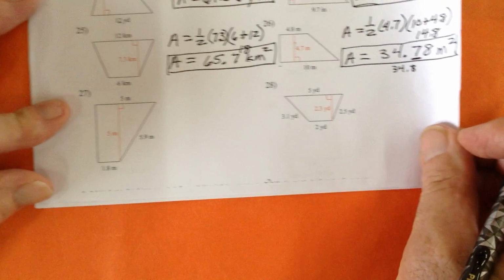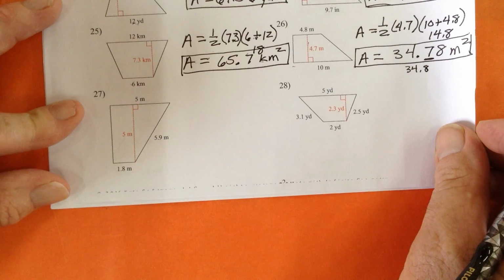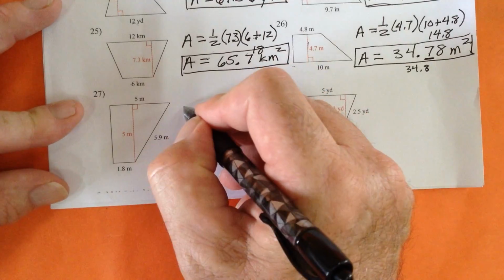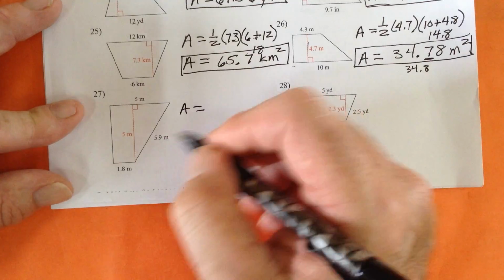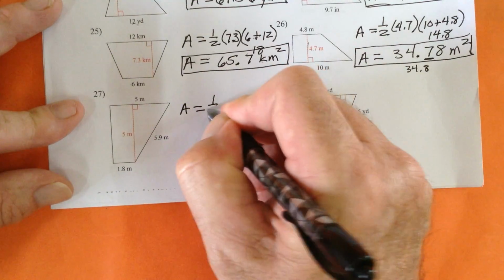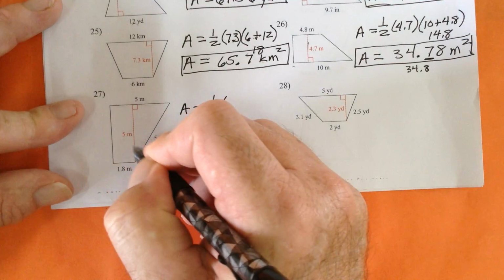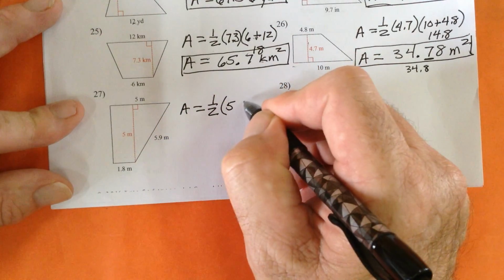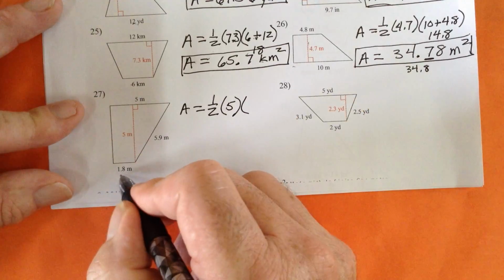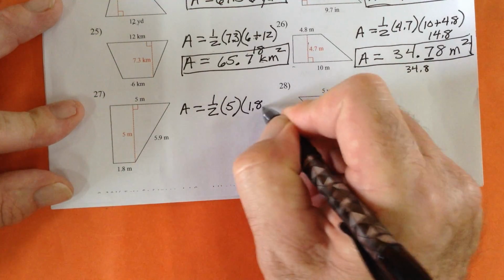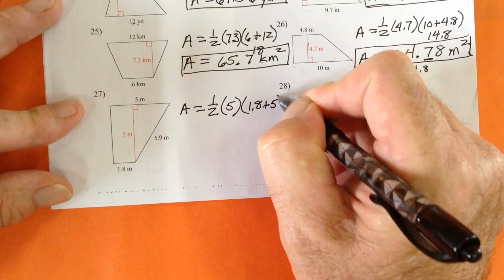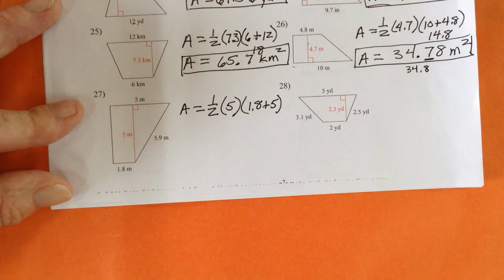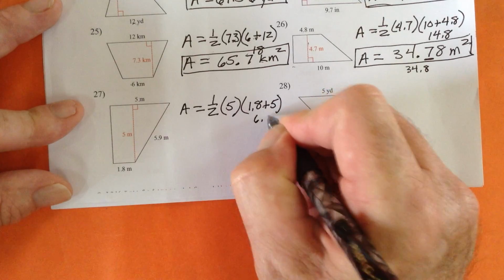Number 27. Here I can go, the area equals 1/2 the height, which is 5, times the base, 1.8, plus the top base, 5, and then you do the math. 1.8 plus 5 is 6.8.